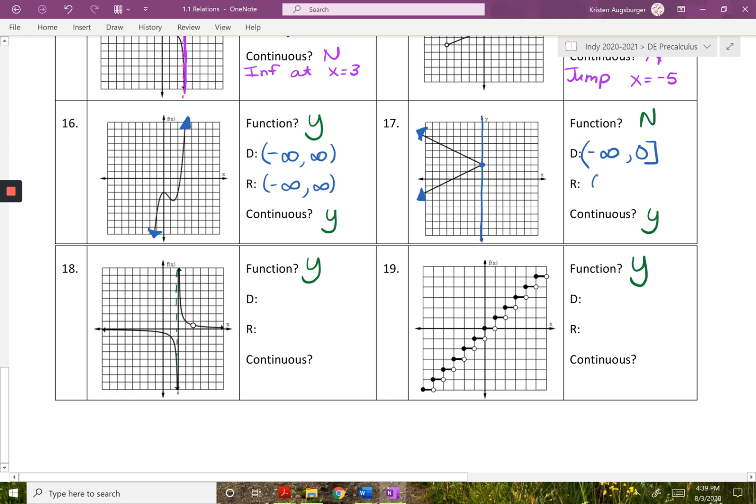The range, however, is going to negative infinity to infinity. Now 18 and 19. Hopefully you quickly know 18 and 19 are not continuous; you have to pick up your pen in order to draw them.